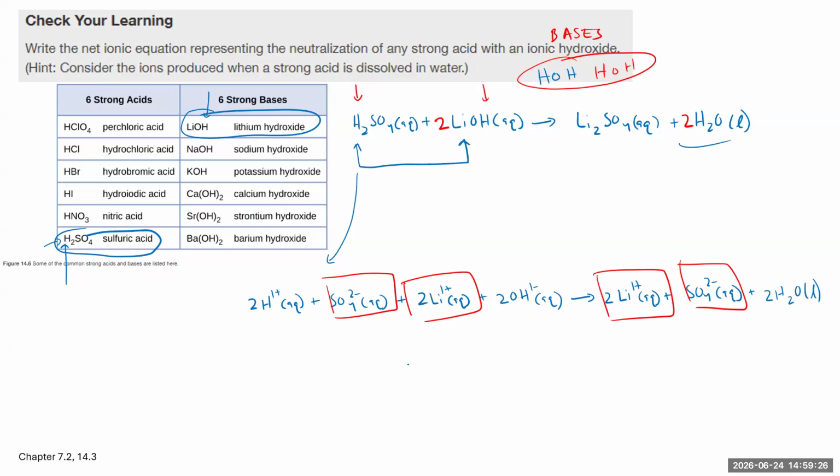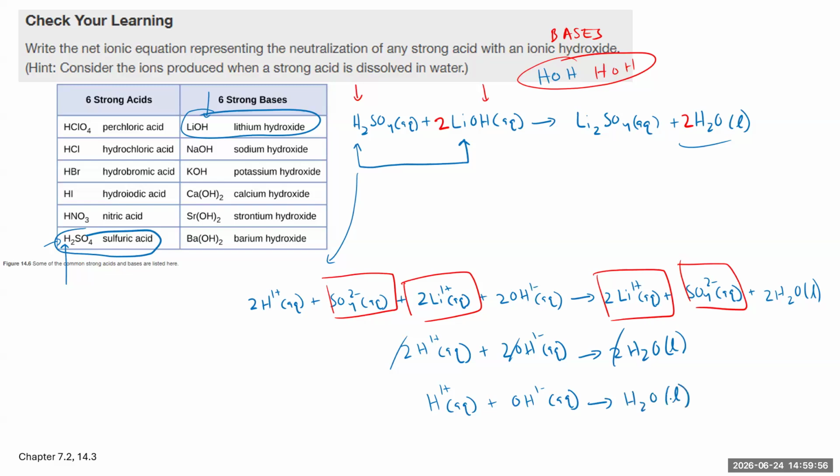It's going to be 2 H 1 plus aqueous plus 2 OH 1 minus aqueous makes 2 H2O liquid. But we're going to cancel these 2's and just say H 1 plus aqueous plus OH 1 minus aqueous make H2O liquid. And that's the net ionic equation for an acid-base reaction.